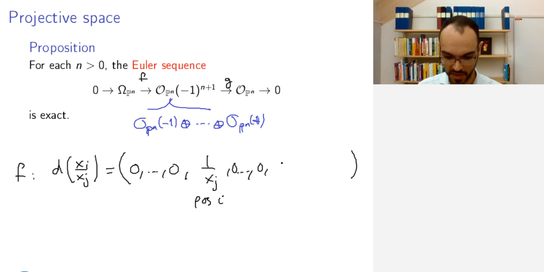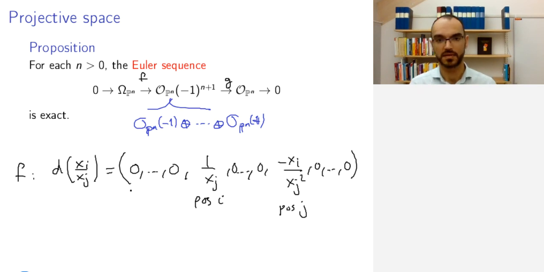And in position j, we put minus x_i divided by x_j squared. This is inspired by the quotient rule from calculus, or the Leibniz rule for these differentials, that says that d(x_i divided by x_j) is 1 over x_j dx_i minus x_i divided by x_j squared dx_j.